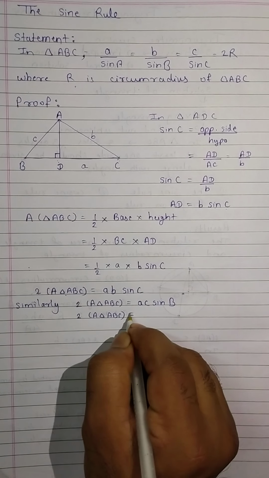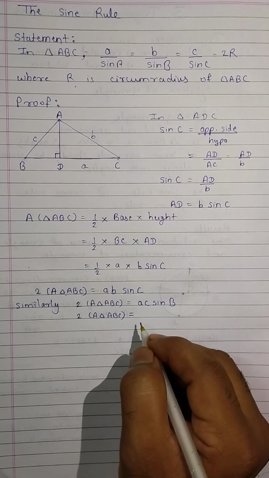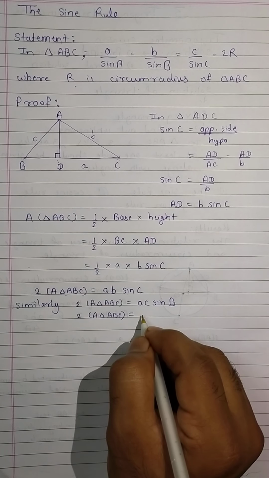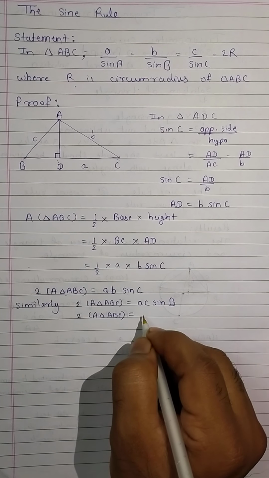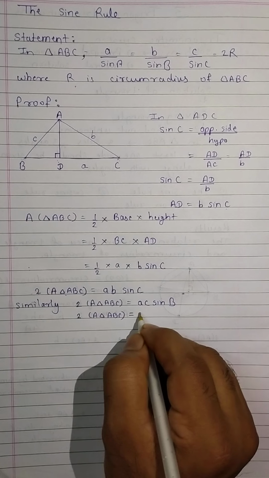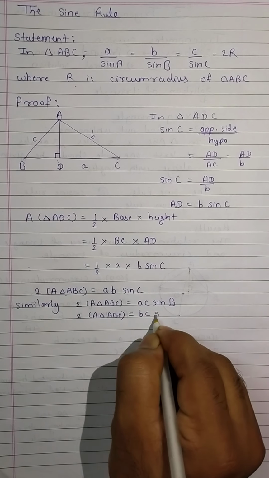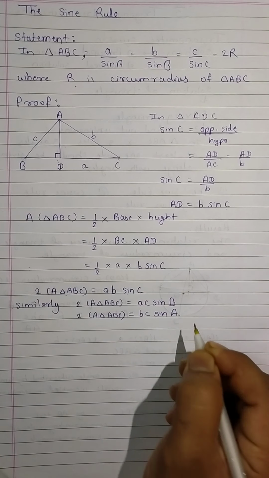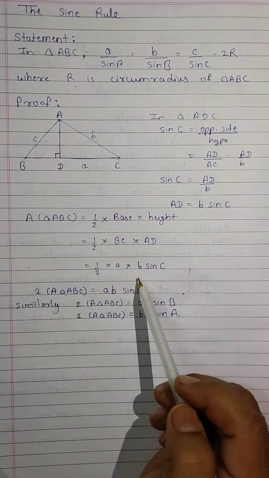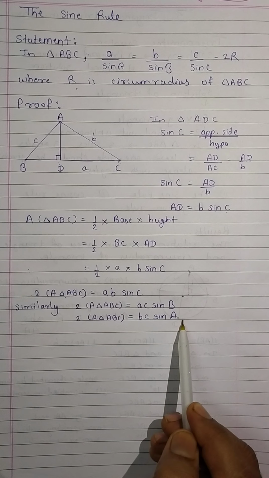Triangle is remaining same, only you are going to change the direction, or you will be rotating the angle in 180 degree. You can get bc sin A.